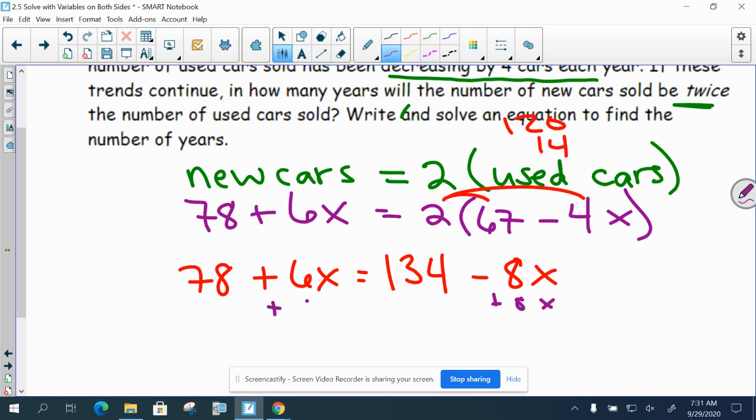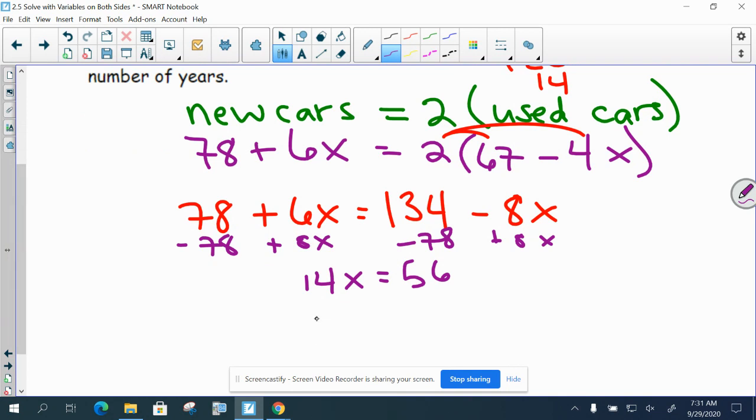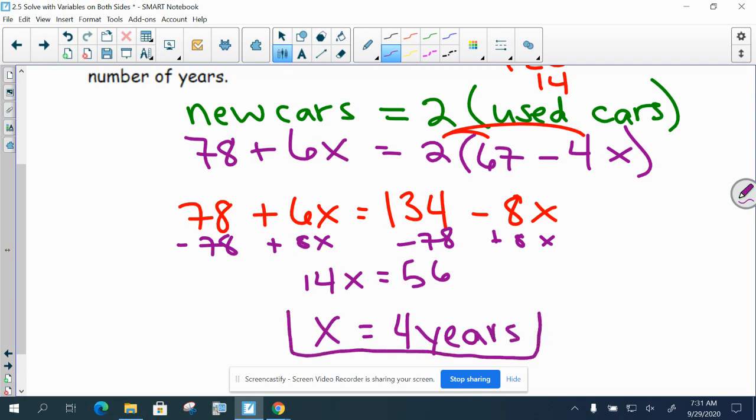Add the 8x and subtract 78. So you get 14x is equal to, this would be 56. Divide both sides by 14, and you get x is equal to 4 years. So in 4 years, the number of new cars sold will be twice the number of used cars sold.